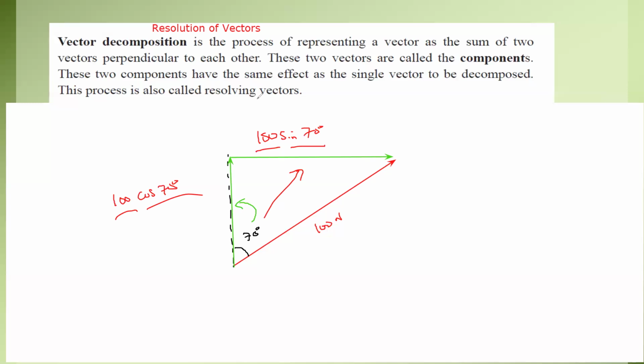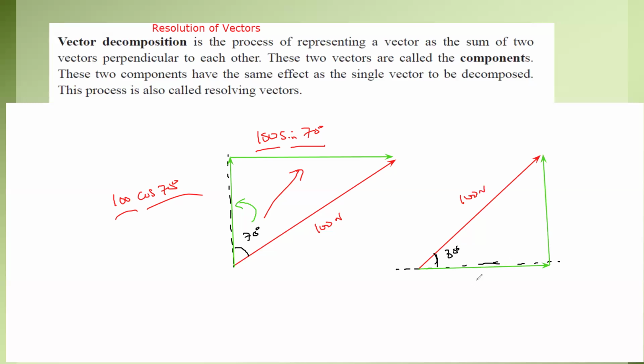But if I have the same vector and the angle with the horizontal is given, so we have the vector, this is 100 newtons, and we have the component of the vector with an angle and the opposite.